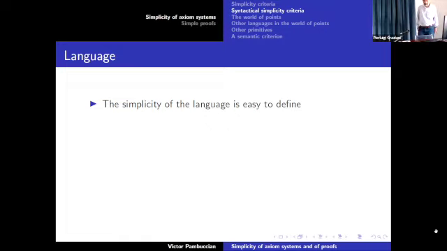So, how do we go about this? Where do we start? Well, one place to start is language. If you have an axiom system, you're going to have a language in which to define it. And as we know, unless we are Frege, there is a vast variety of languages in which we can express the same thing. And there are many papers that tell you what the same thing is.